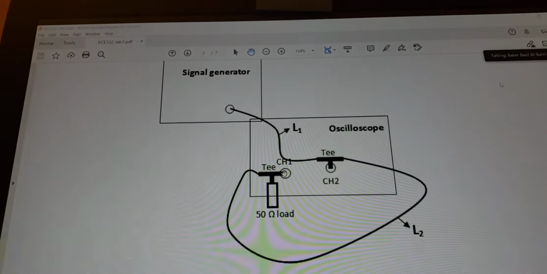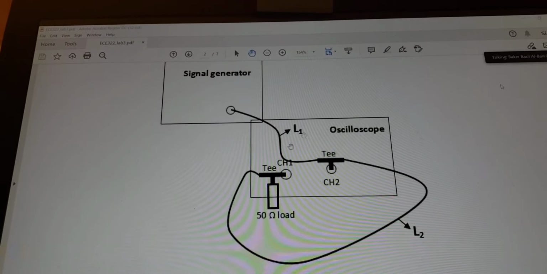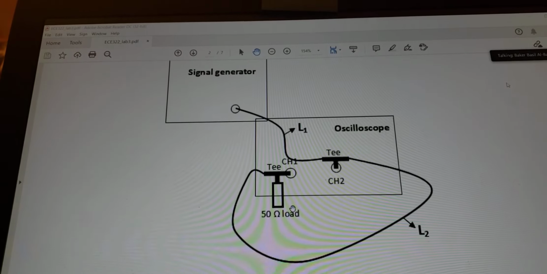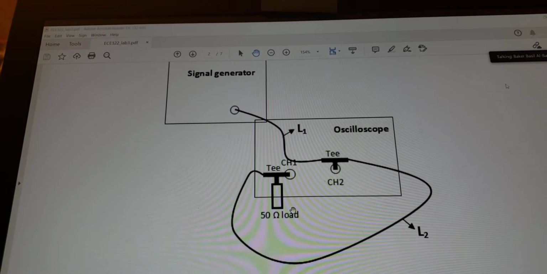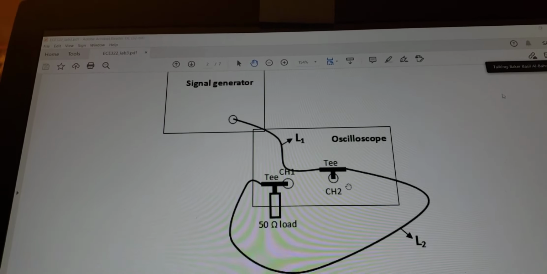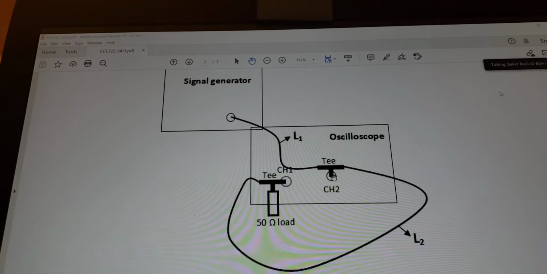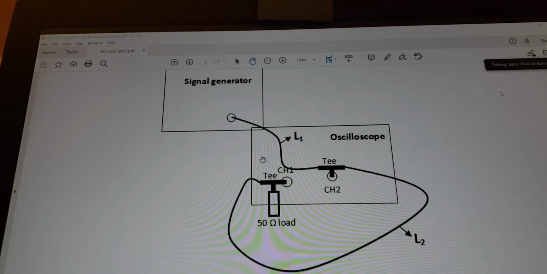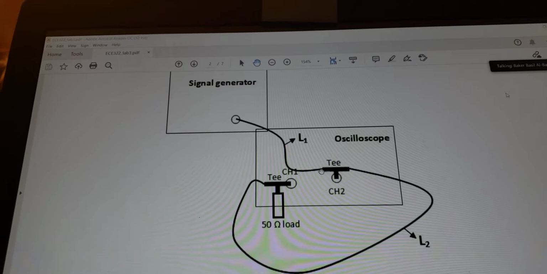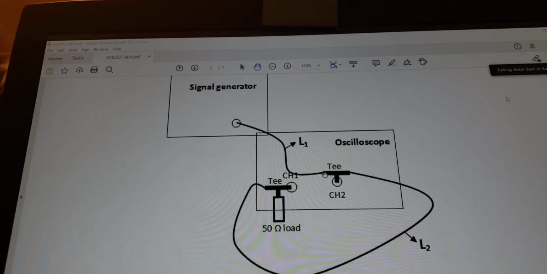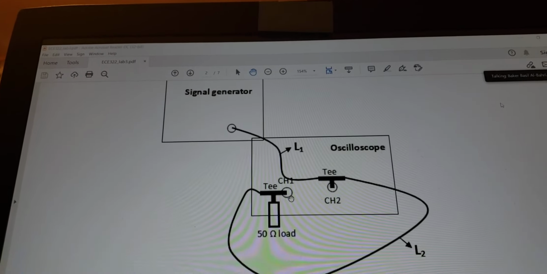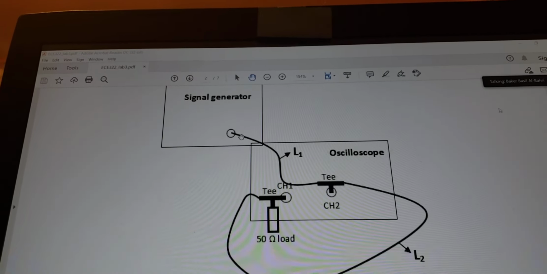The delay, the propagation time, is one of the important factors that should be considered in your experiment. Now the signal on channel 2 propagates through L1 only, okay, only L1. But the signal in channel 1 propagates in L1 and L2.